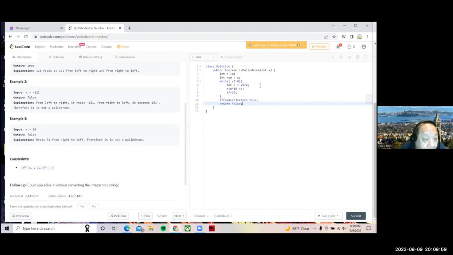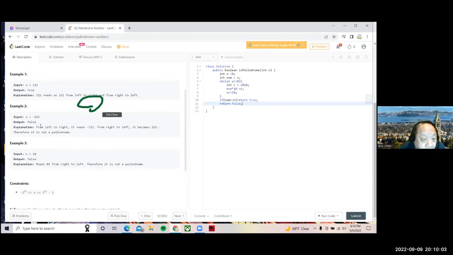Because they have a -1 to 1. So you need to check the negative one first. They didn't tell you that it is always positive. Okay.